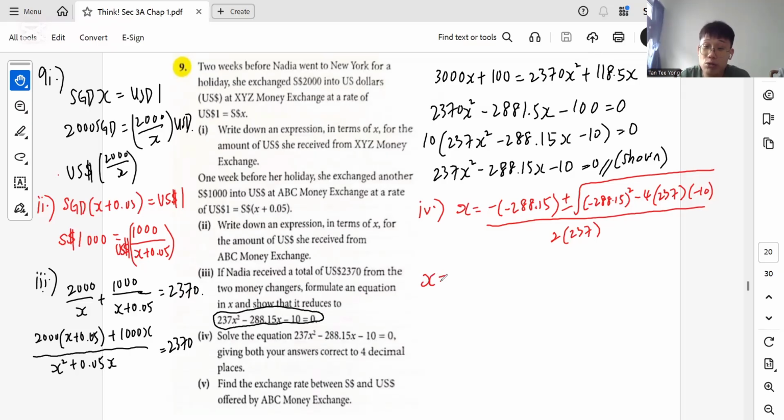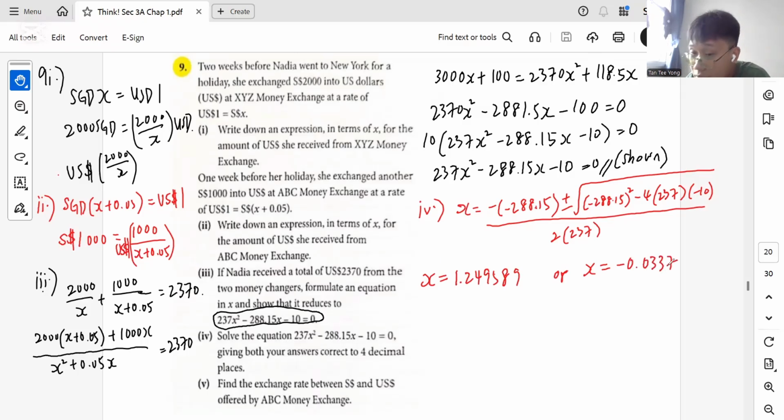Okay, so my x value is 1.249589 or x equals negative 0.033766. So round off to 4 dp, 1.2496.